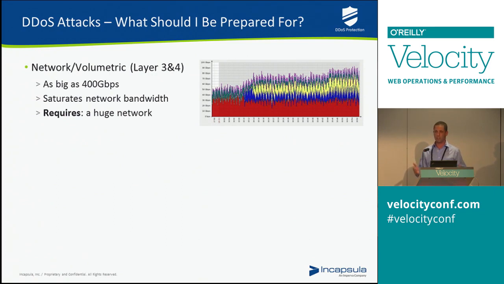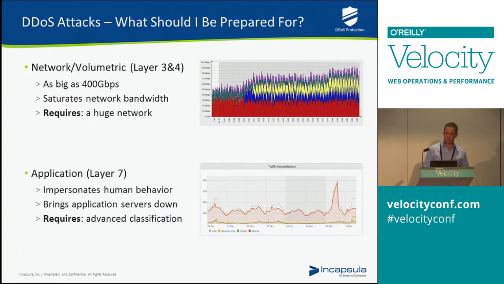When I'm talking about huge attacks, the average attack today is about 10 gigabits per second. On a daily basis, we see attacks that go up to 100 gigs per second. So this is the amount of capacity you need in order to mitigate a network attack. Please bear in mind that most ISPs will not be able to mitigate such attacks, and will probably take you down if they see that the attack is risking other customers of theirs.